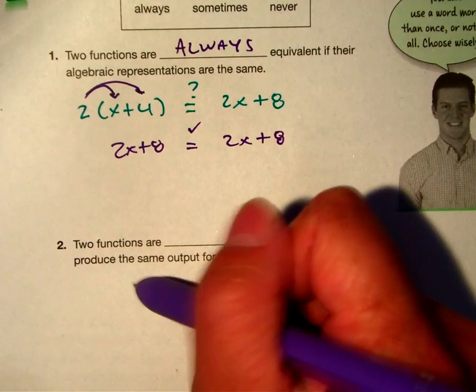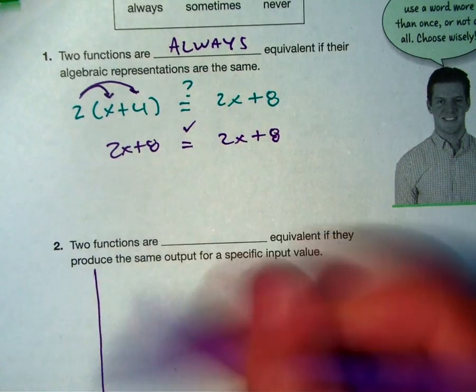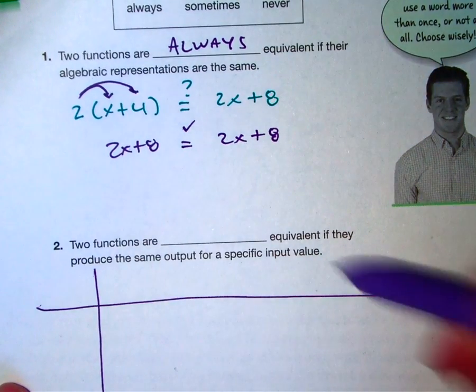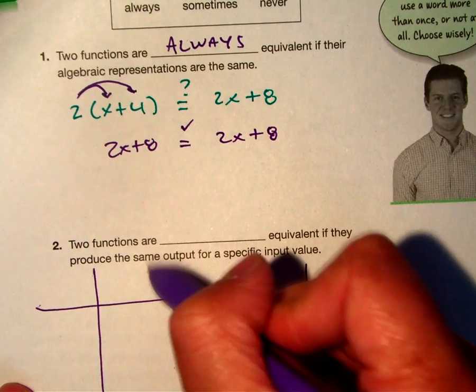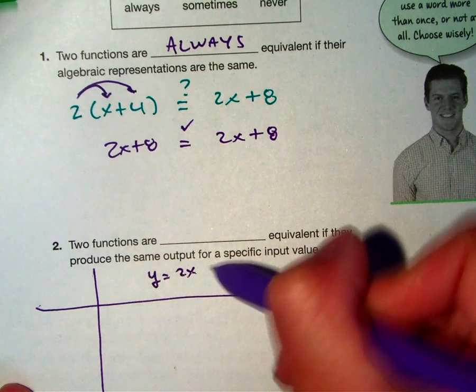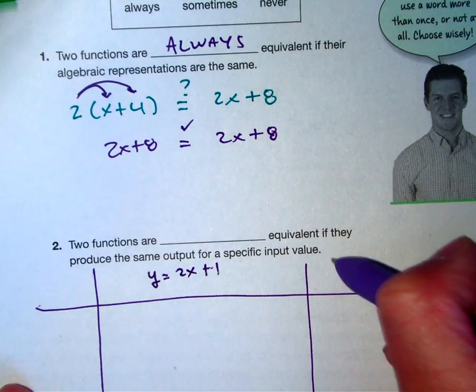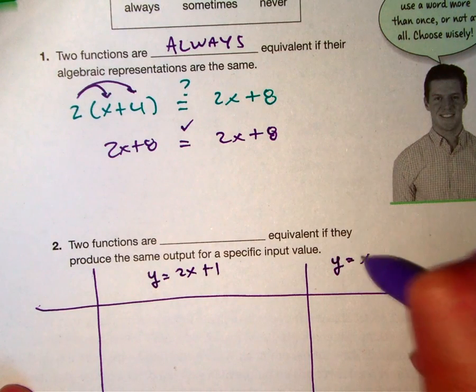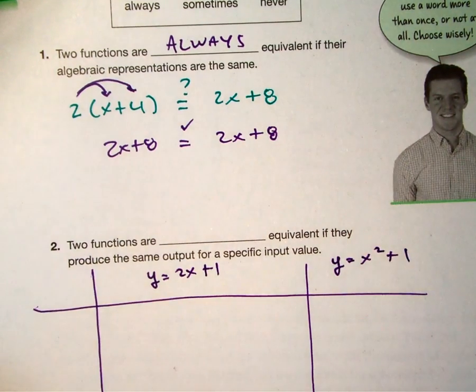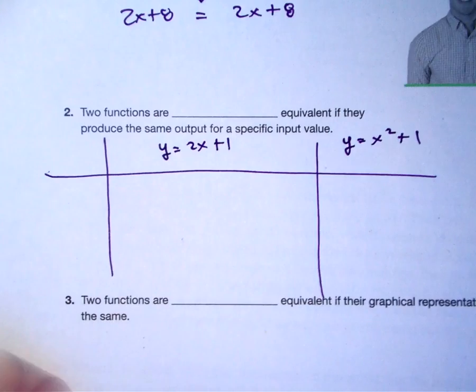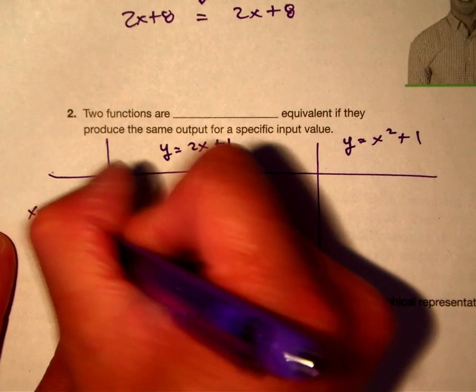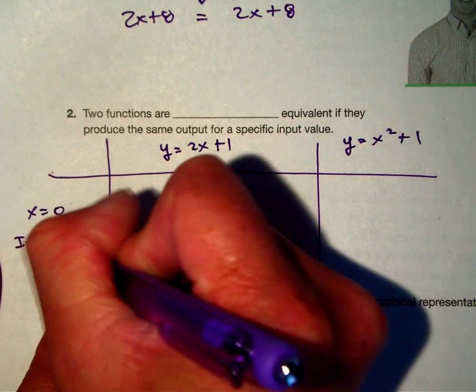Let's say we do, again, y equals 2x plus 1. Y equals x squared plus 1. Let's say you put in x equals 0 as your input.